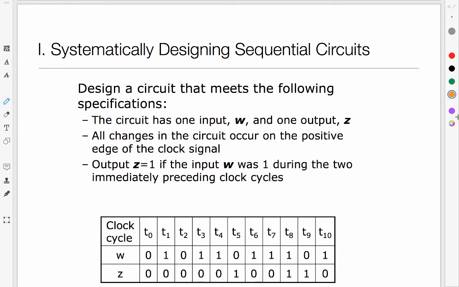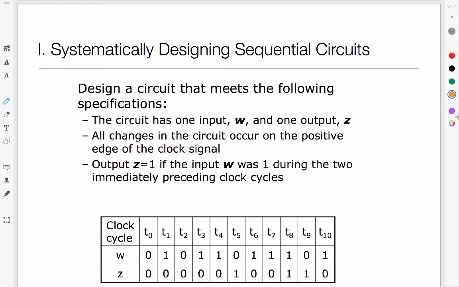State we know only changes at the clock ticks, but the regular input can change at arbitrary points in time, and therefore output can change at arbitrary points in time. Whereas in Moore machines, output is a function only of the state, and therefore output can only change at that point in time, and input changes in between clock ticks therefore have no effect on the output. Okay.